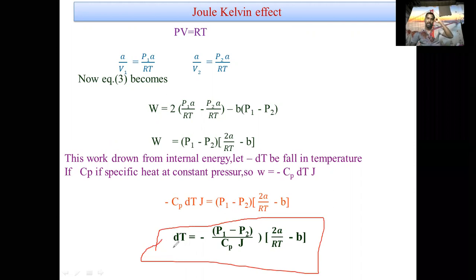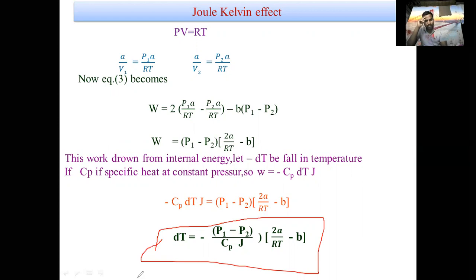The change in temperature dT is equal to minus (P1 minus P2) divided by CpJ, into (2A by RT minus B). At any temperature T, the cooling produced is directly proportional to the pressure difference, P1 minus P2.